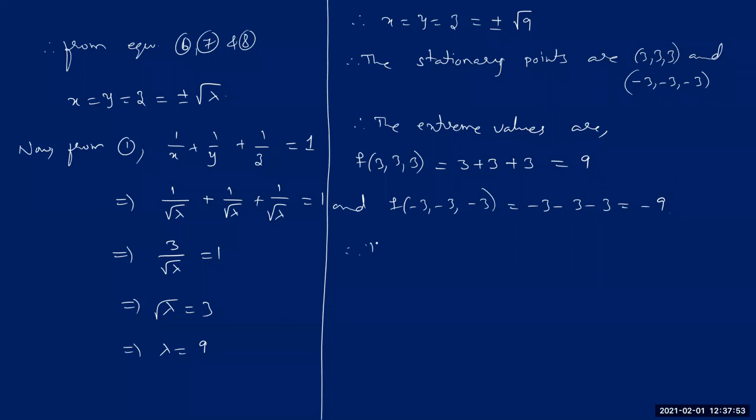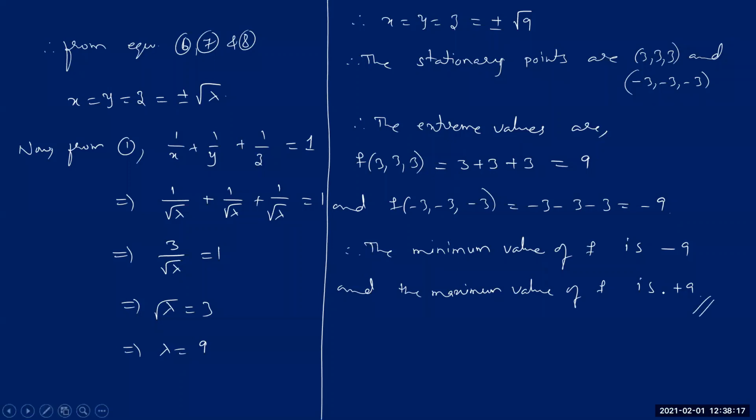So therefore, you can say the minimum value of f is minus 9, and the maximum value of f is plus 9. Like this, you can conclude about minimum and maximum values when we use the Lagrangian method of undetermined multipliers.